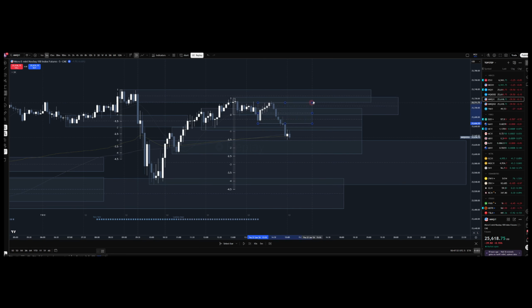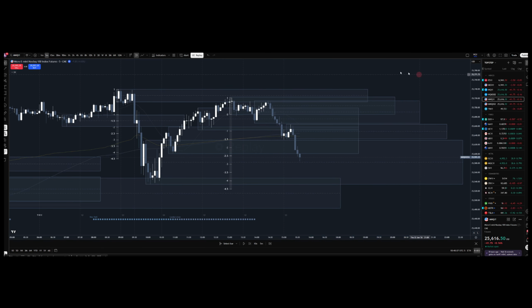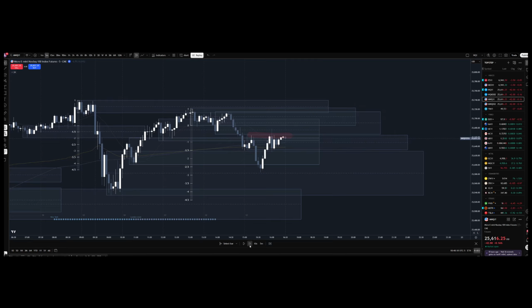Have our next break here. Another one here, low to the high. Didn't quite get the body close there, and then haven't got a body close under here.